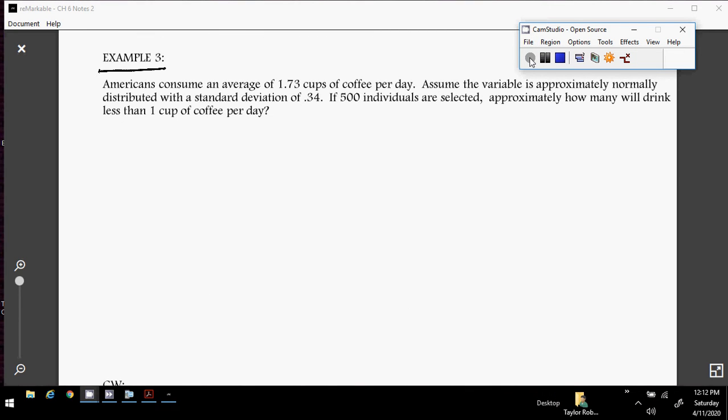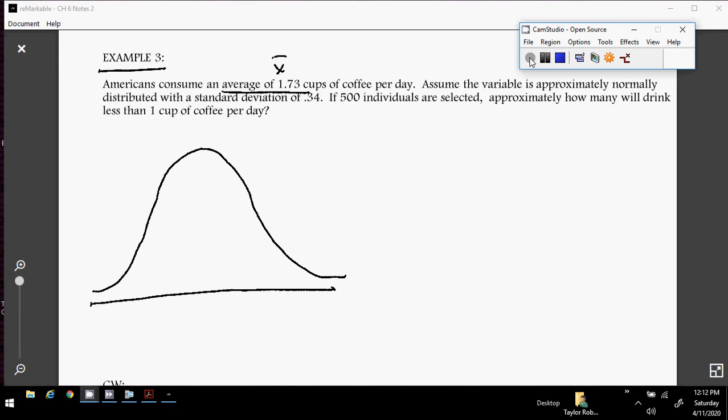Alright, it says Americans consume an average of 1.73 cups of coffee. Okay, so 1.73, average of that makes that our x bar. So I'm going to go ahead and draw our bell curve and put 1.73 in the middle. X bar is 1.73. Alright, what else does it tell me?